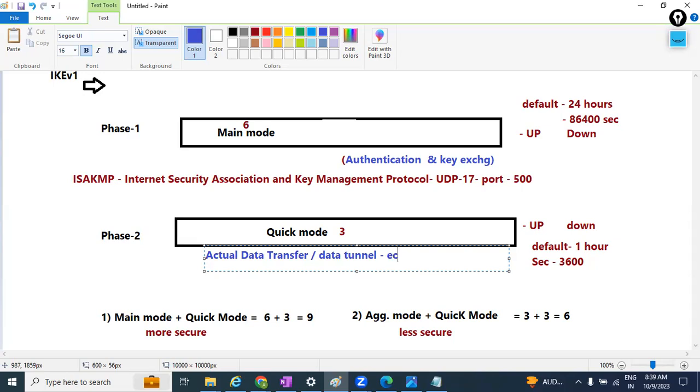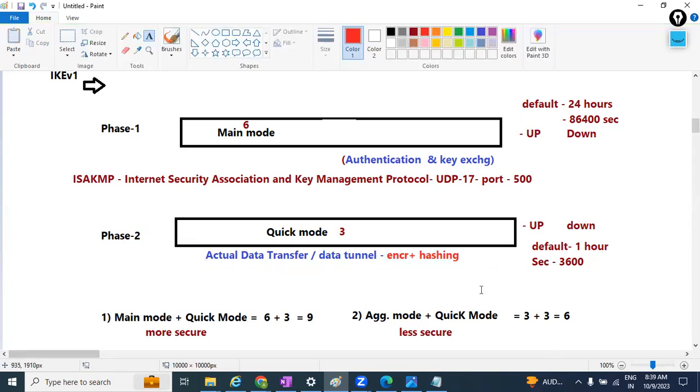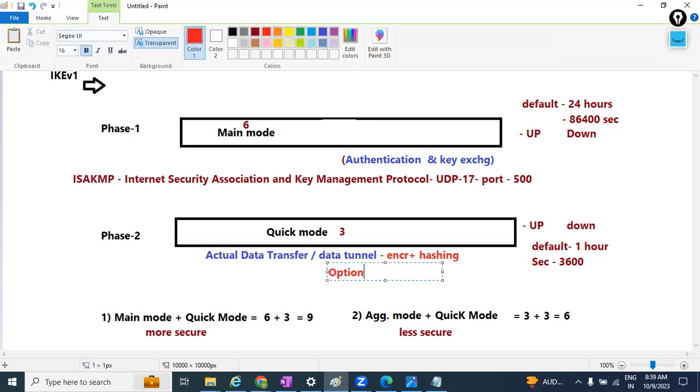What would be their encryption? Encryption plus hashing. The major function is encryption and hashing. And then we have the optional one, which is key exchange.